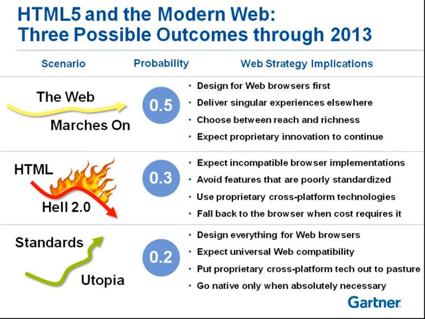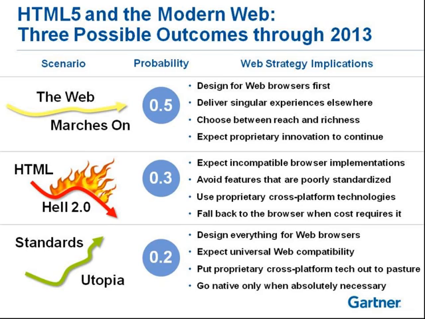The use in the tool side of things of proprietary cross-platform technologies that link you in. And in that scenario, probably the ugliest scenario here, you only fall back to browsers when cost requires it. It goes back to the thinking that the user experience will decay somewhat in the next couple of years, and native will have a stronger piece of the future.